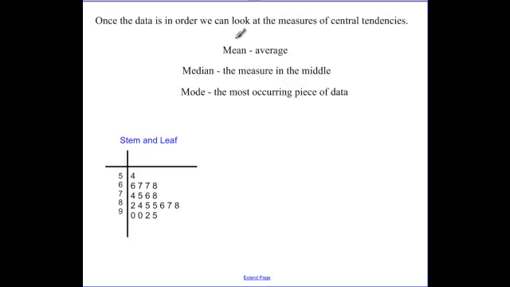So the data's in order, and notice the key word, in order. That means I have it going in numerical order, from highest to lowest, or from lowest to highest. In this case, I started with my lowest number, and I went to my highest number.